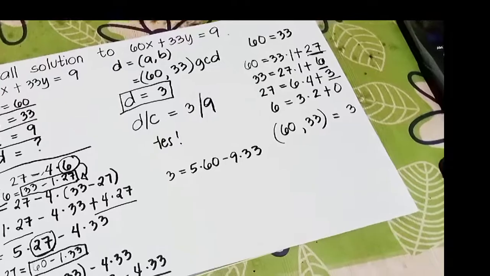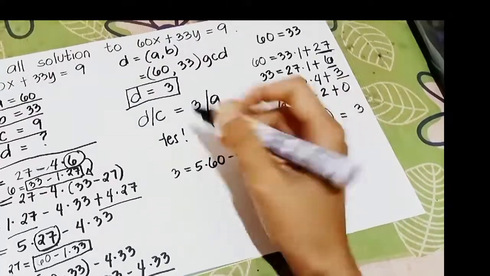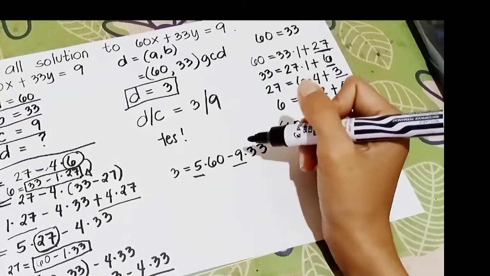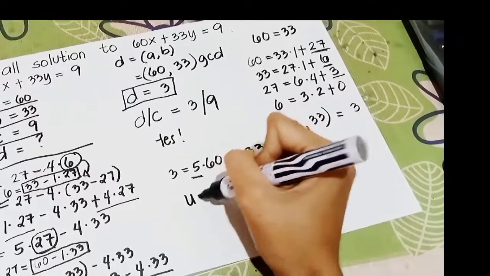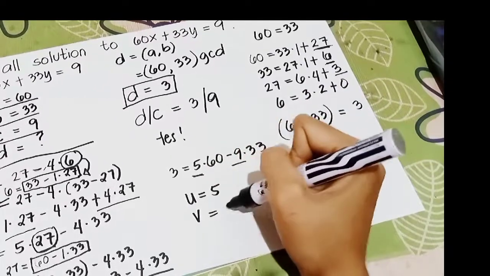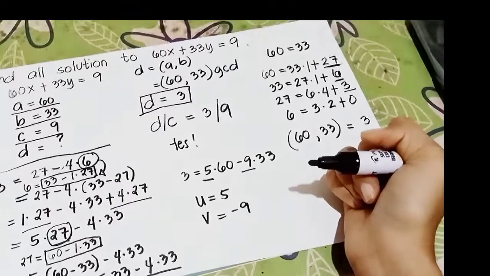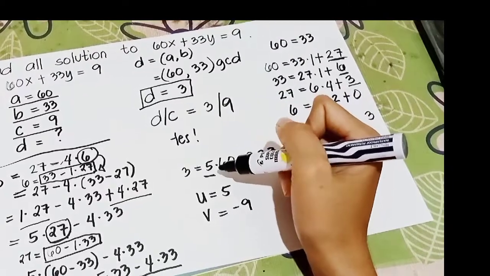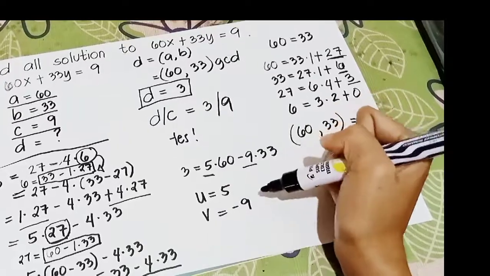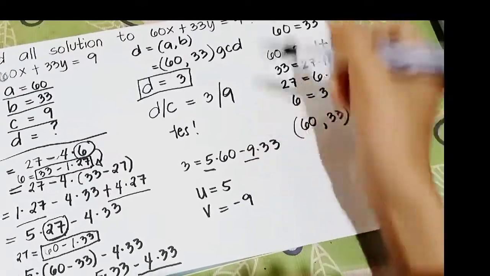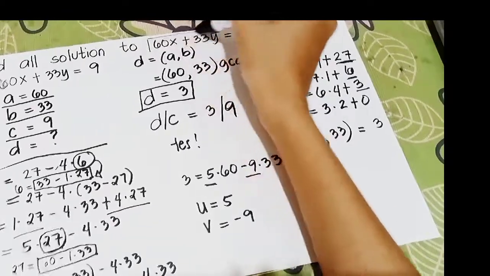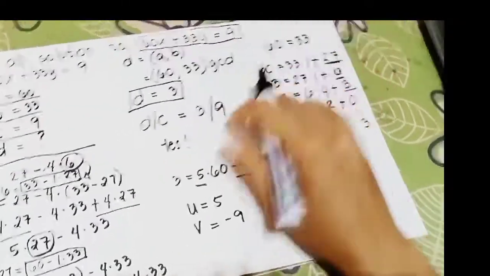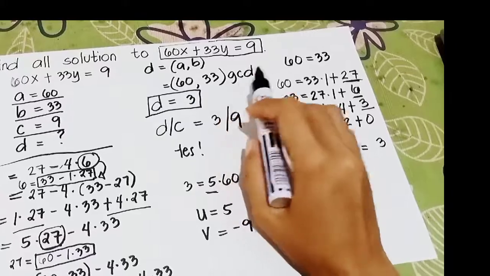Now, from the reverse steps of the Euclidean algorithm, we will get the values of u and v. Let's represent these values as u and v. So u equals 5 and v equals negative 9. Our given equation here is 60x plus 33y equals 9.